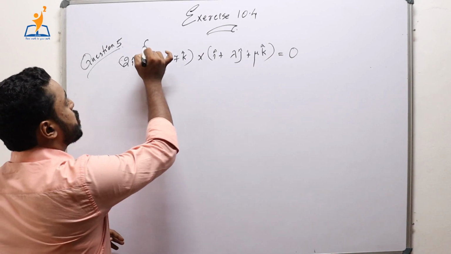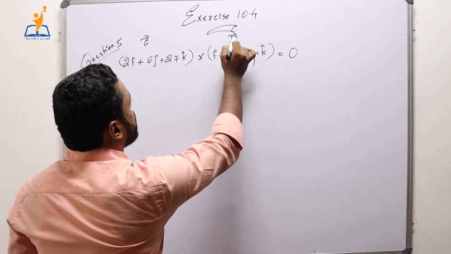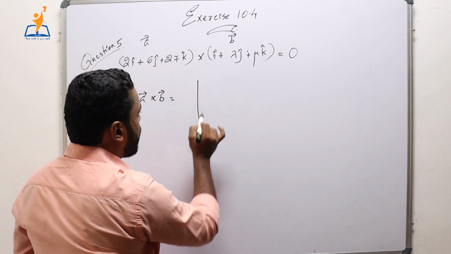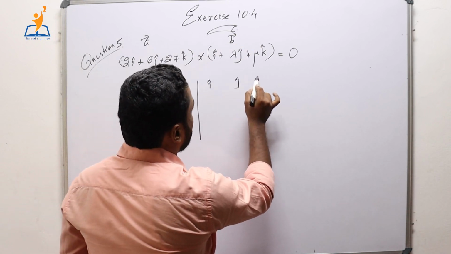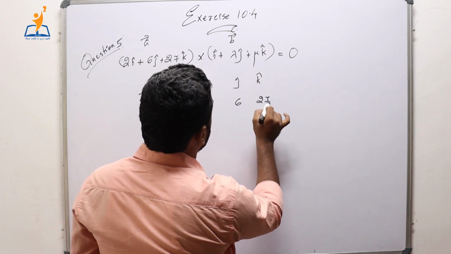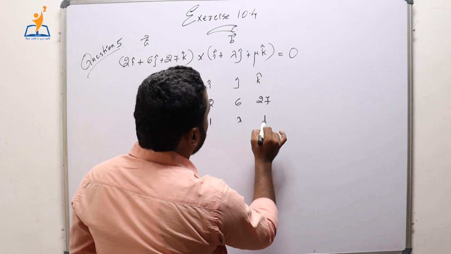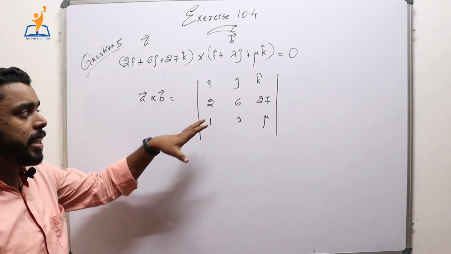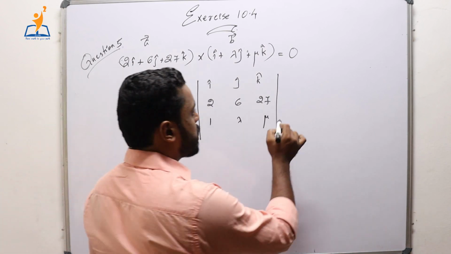Suppose that I am naming this as A and this as B, we have A cross B is equal to determinant I cap, J cap, K cap; 2, 6, 27; 1, lambda, mu. We just listed out the coefficients in the respective rows. Now we can easily evaluate the cross product using this formula.